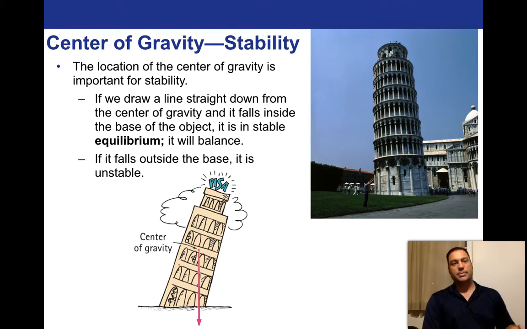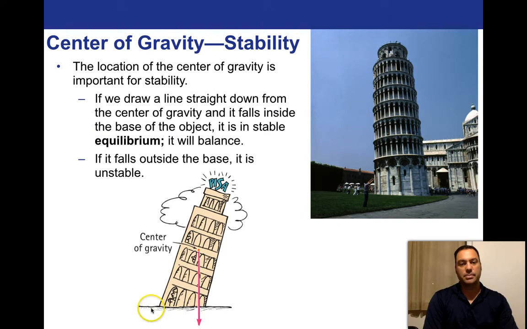And the reason why it's stable is because of a principle regarding the center of gravity, that the location of the center of gravity is important for stability. If we draw a line straight down from the center of gravity, just like what we have here, here's the Leaning Tower of Pisa, center of gravity is here, and it falls inside the base of the object. So let's draw that arrow down.